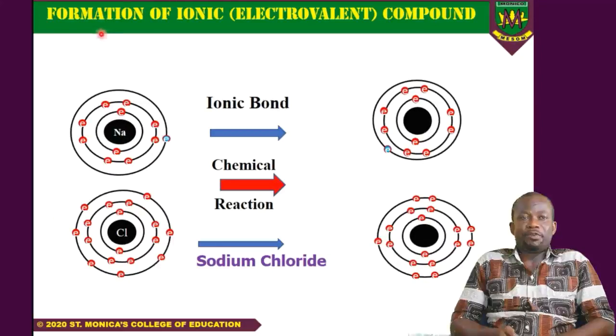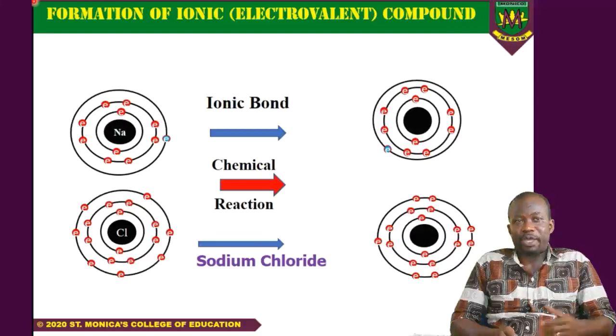Then you draw the first shell. Avoid drawing all the shells before you put the electrons on them. You are likely to encounter a situation where your shells may be more than the electrons, and when it happens like that, it will make your diagram wrong. So as and when you draw the shell, then you put the electrons on it. The first shell takes 2 electrons, as you see, then the next one 8, then the last one 1.